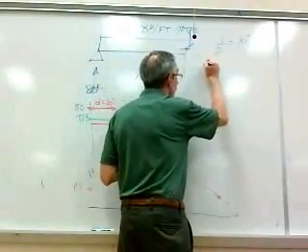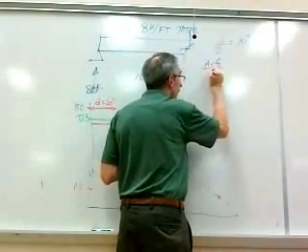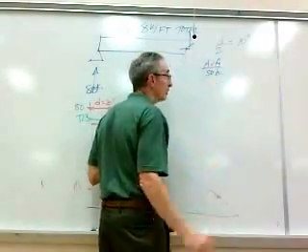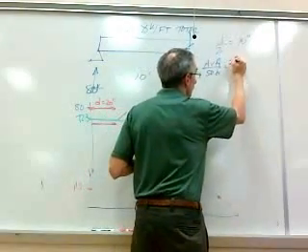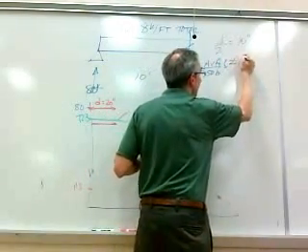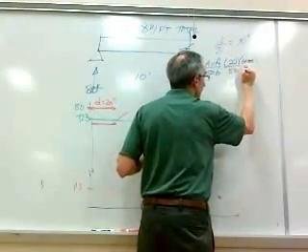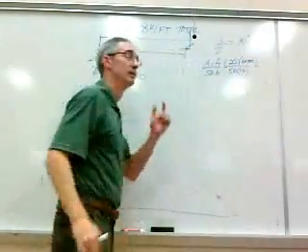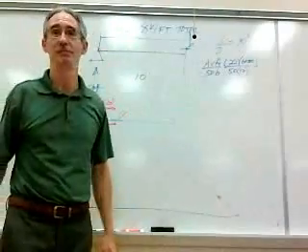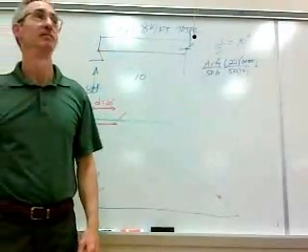Another one was AvFy divided by 50 times the width of the beam. So that's 0.22, 60,000, 50 times 12. So what's that come out to be? 22.